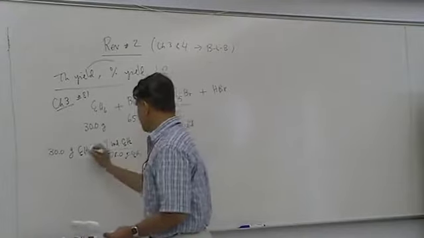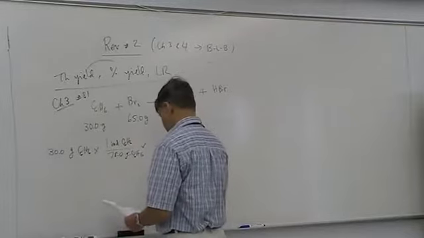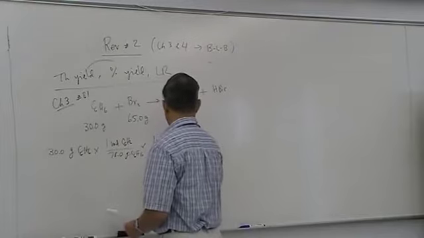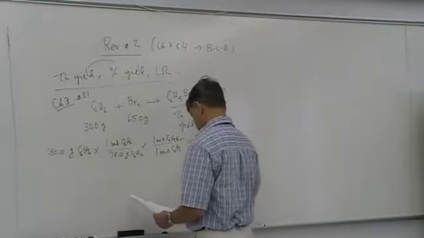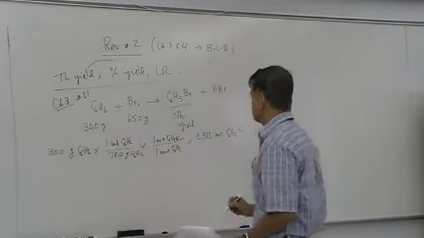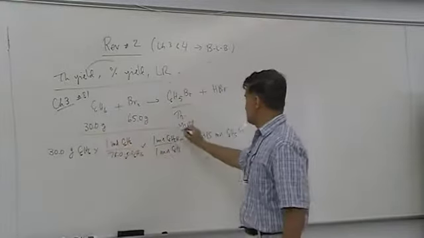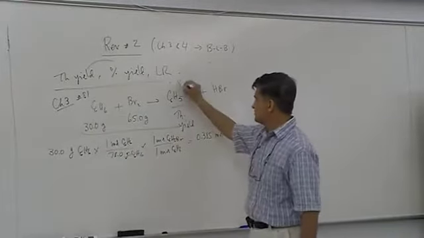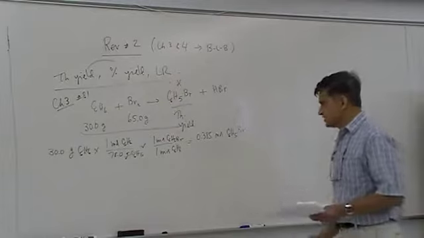So that gram would cancel out. 1 mole C6H6 gives me 1 mole C6H5Br, and that gives me 0.385 mole C6H5Br. So when I assume that 30 gram of C6H6 is completely used up, this is the amount of product I'm going to get. I put asterisks because they're asking a question about that particular product. So that's the product we are going to get.